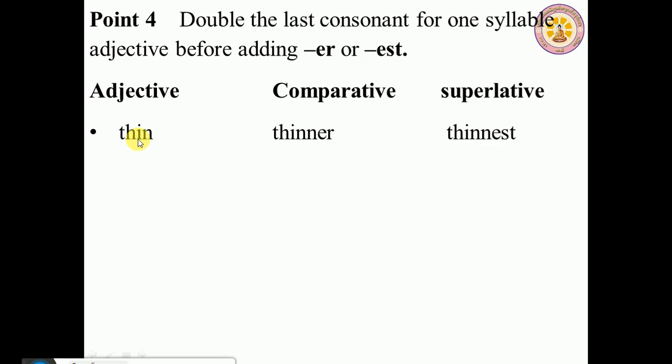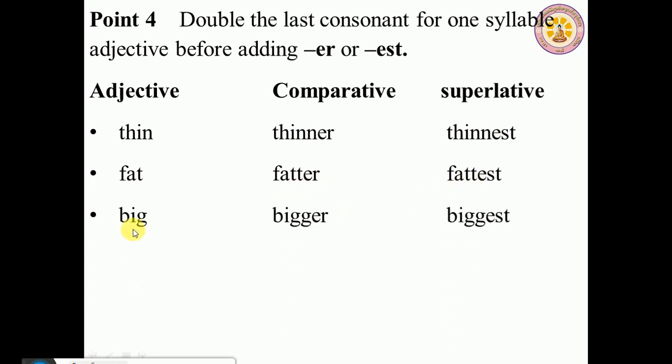Before n is one vowel i. So when we add -er in the comparative, we have to double n, become double n, thinner with double n, thinnest with double n as well. Fat, fatter, fattest, double t, okay. Okay, big, bigger, biggest, double g.